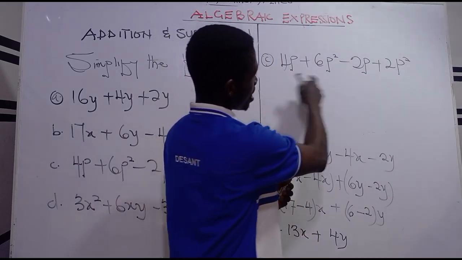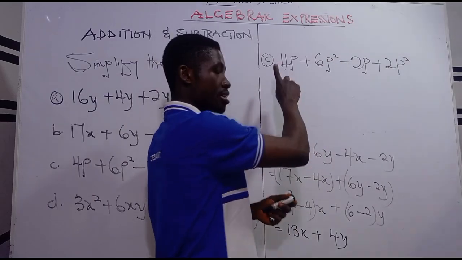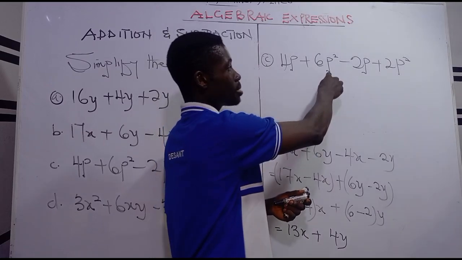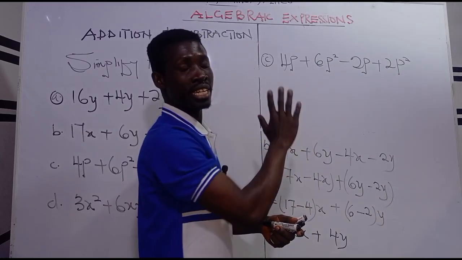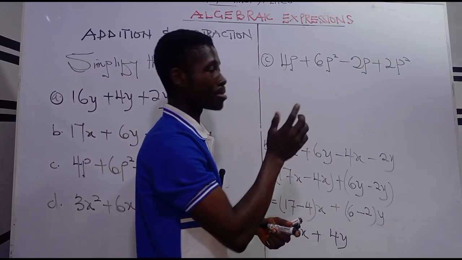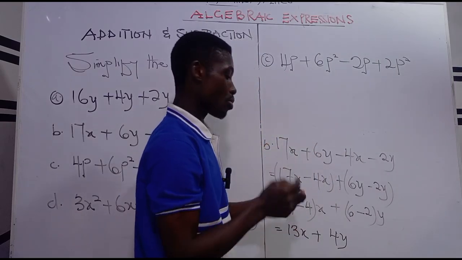We have p and then p. Remember, p squared is different from p because this p is to the power of 1, but we don't write it. But this p is to the power of 2. So this p and p squared are different entities altogether. So p and p squared are not like terms, but p and p are like terms. I guess we are following.